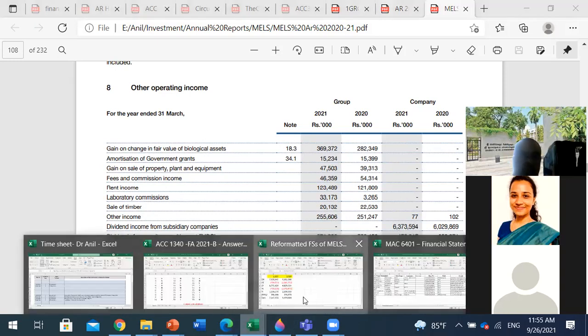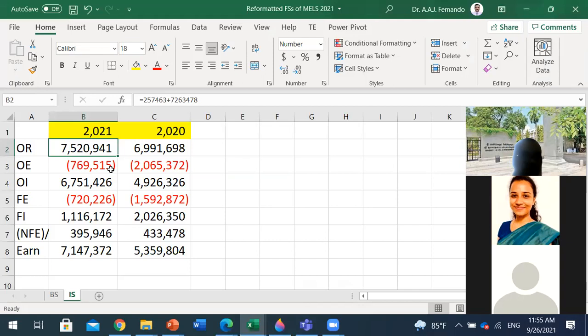Now, operating expenses, then operating income. Throughout our analysis, we use these notations. Operating income, OI, means the operating income. Then financial expense and financial income, net finance expense or net finance income. Here, net finance income is another unique characteristic.